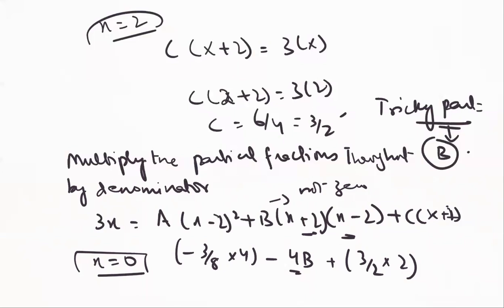Okay, so solving it further, we get 4b is equal to 3 over 2, and b then becomes 3 over 8.